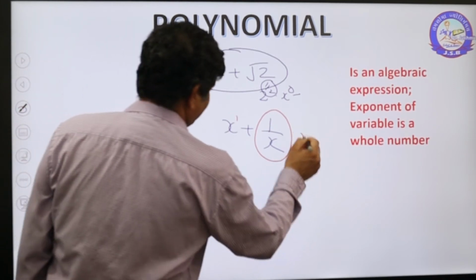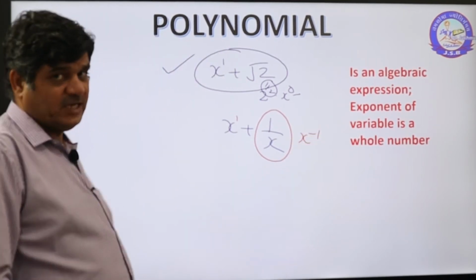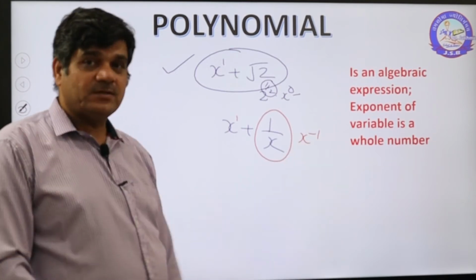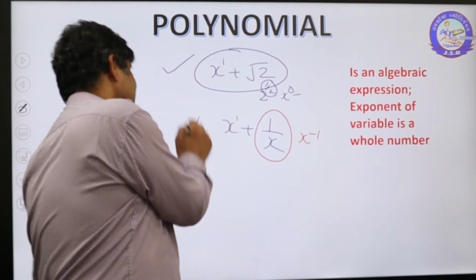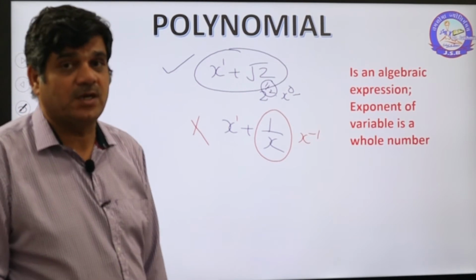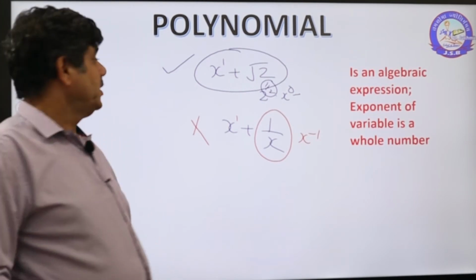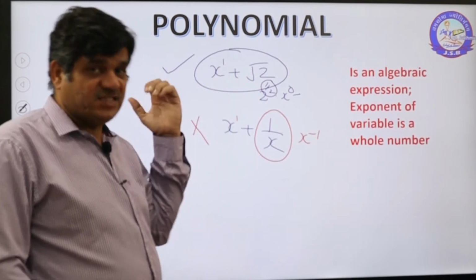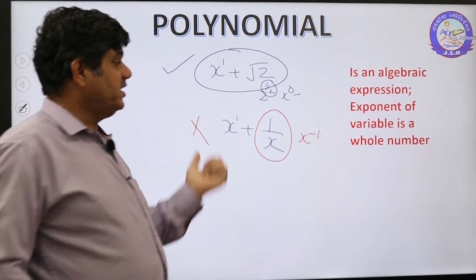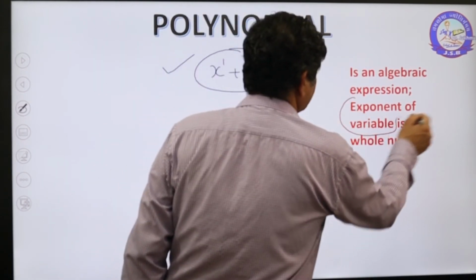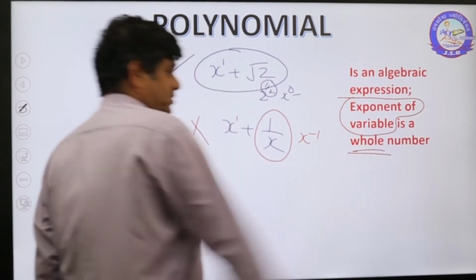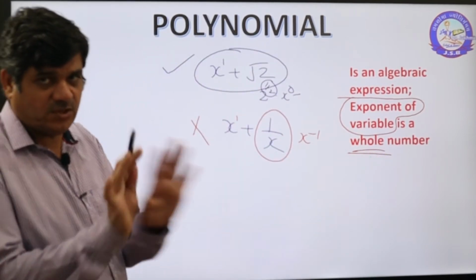You think of it as x to the power minus 1. Correct? Is minus 1 a whole number? No. That's why this is not a polynomial. So the point is, a polynomial means an algebraic expression where we are concerned with the exponent of the variable, and that must be a whole number. That's the only thing.